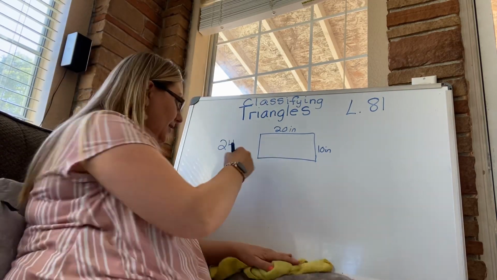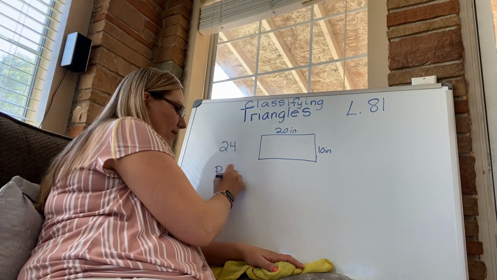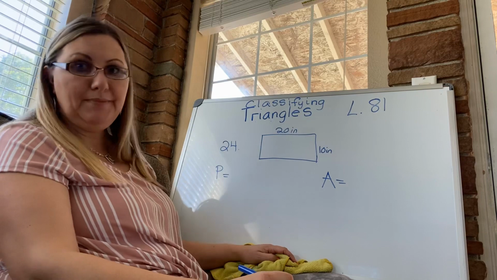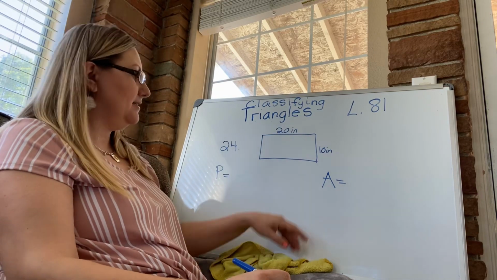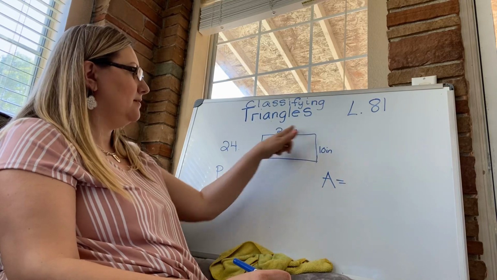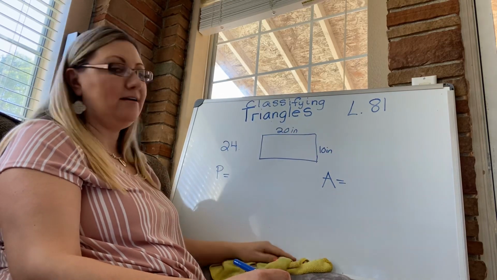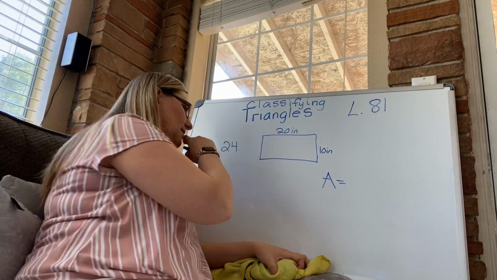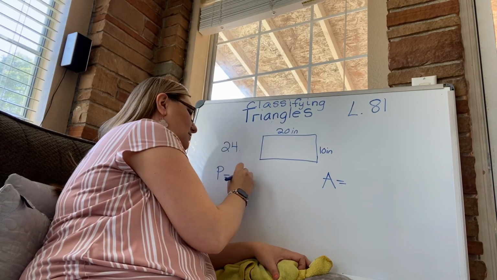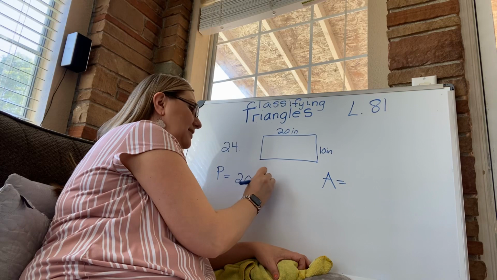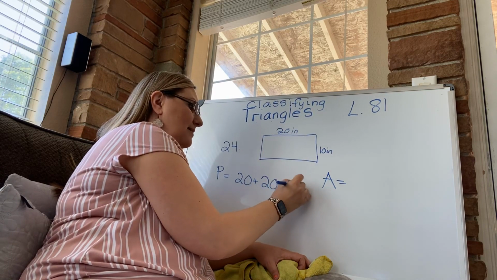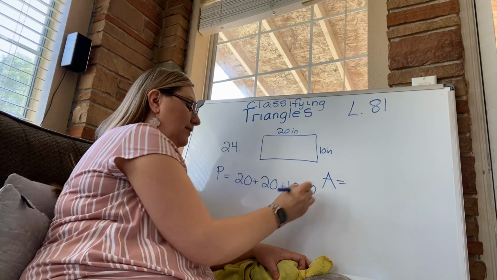The perimeter, so we have two things to figure out, the perimeter and the area. Perimeter, of course, is when you add up all the distances, all the lengths, I could say, of every side, right? So we can say that's 20 plus 20, these two sides, plus 10 plus 10 inches, right?